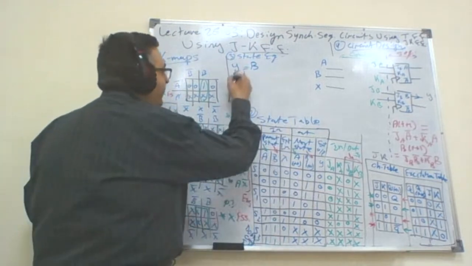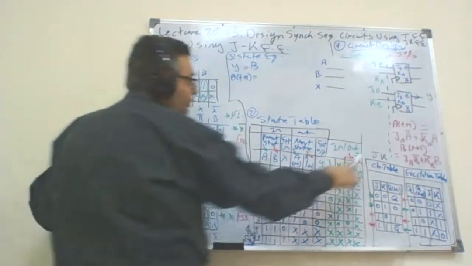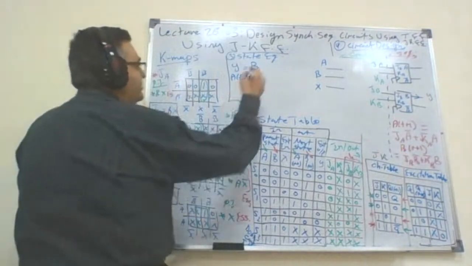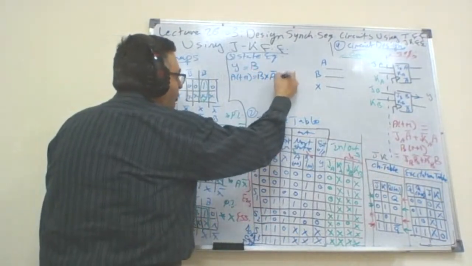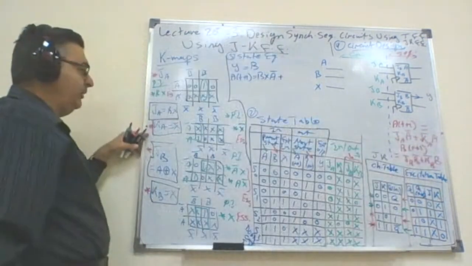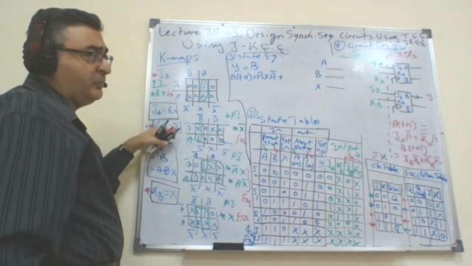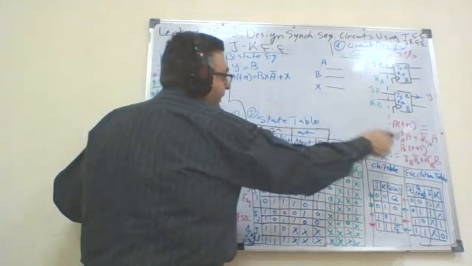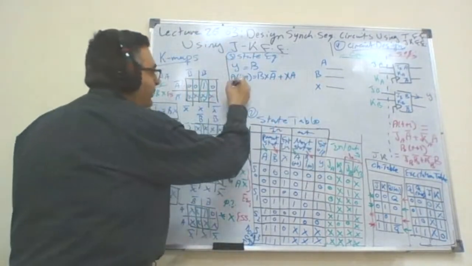Then I have A of t plus 1 equals JA A bar, or KA bar A. What's JA? JA is BX, then A bar. KA is X bar, so KA bar means X, ANDed with A. This is the first state equation.